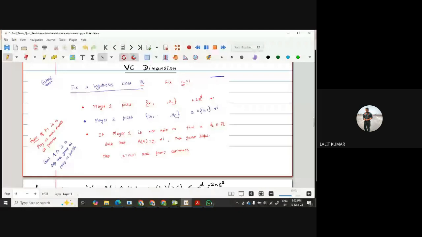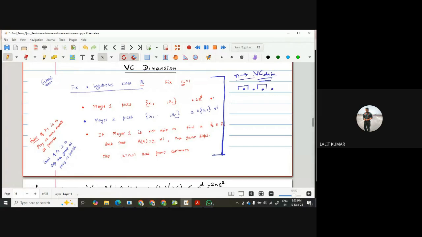There are two players, player one and two. Player one basically gives the points, or we get points. If player one is not able to give that edge which correctly classifies them, then the previous n which is there becomes your VC dimension. Simple.